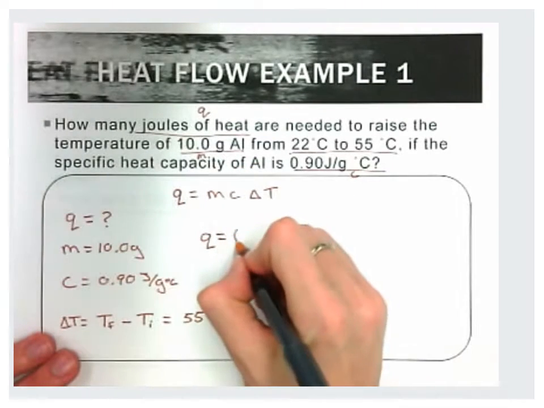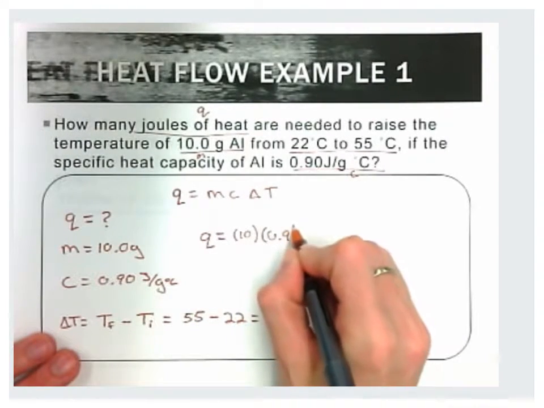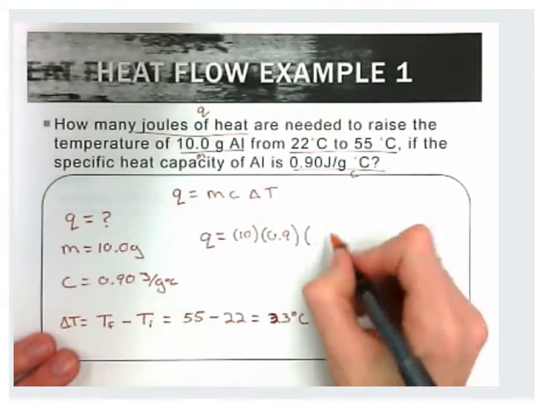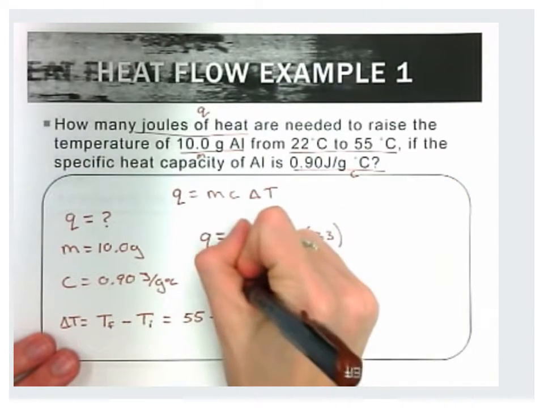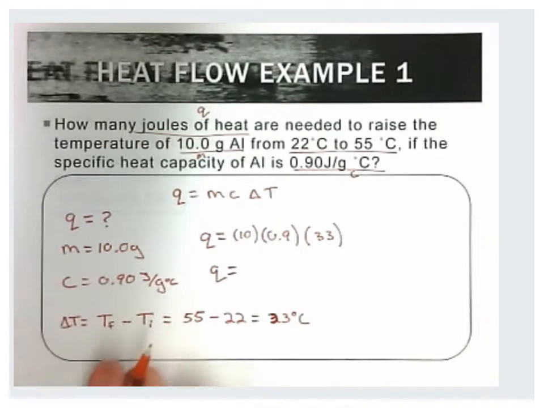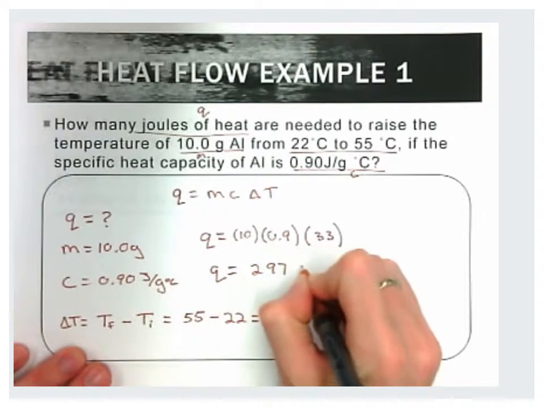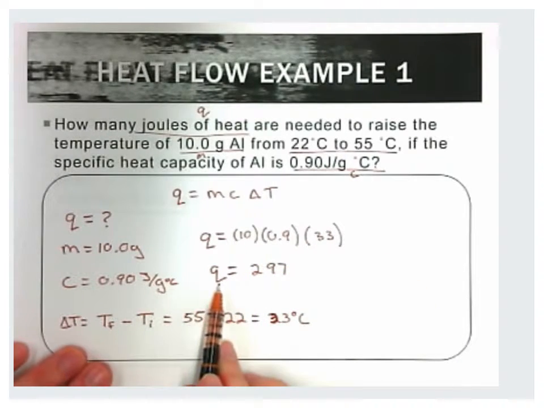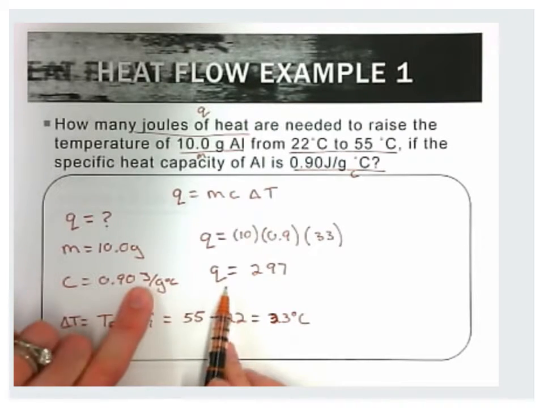Q equals 10 times 0.9 times 33. I plug this into my calculator, I will get 297, and the units on Q will be whatever units of energy are in my specific heat.